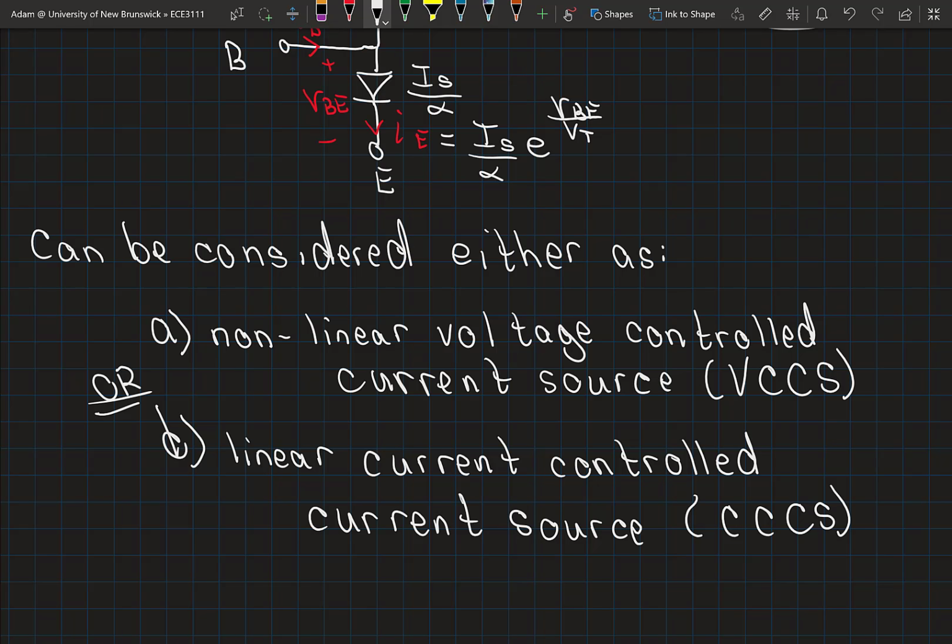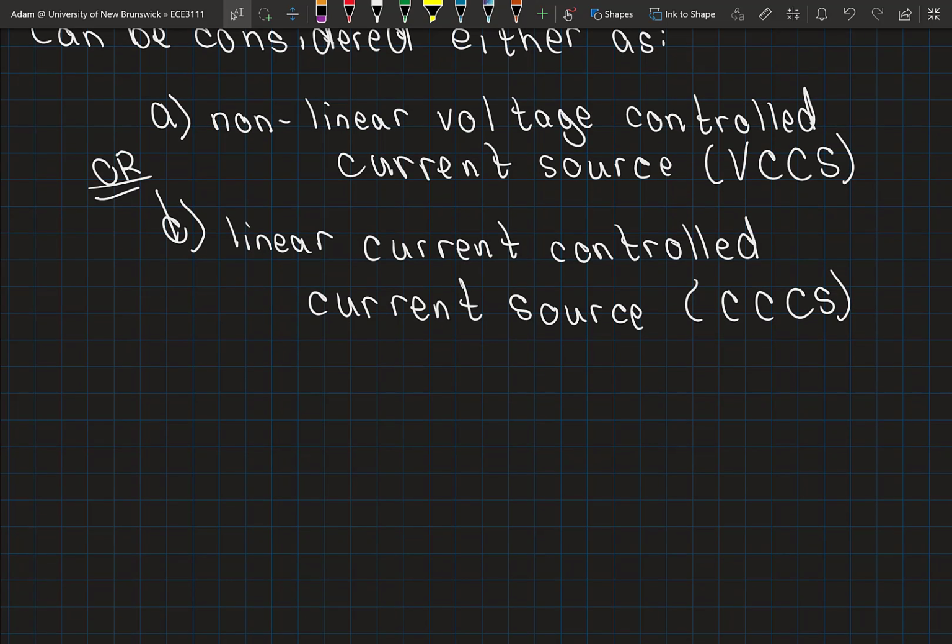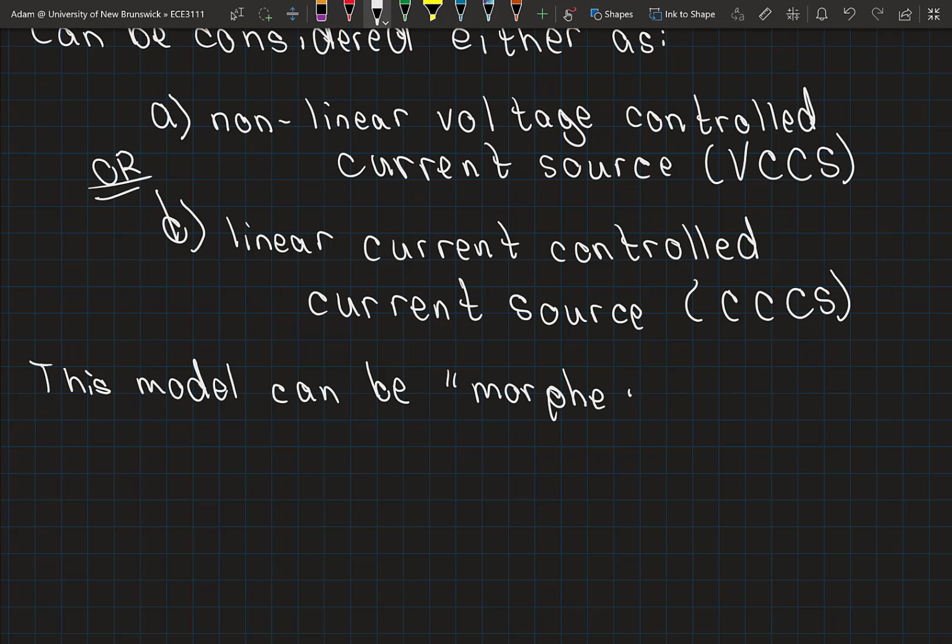Okay, so that's our T model. If we take this model, it can be modified by dragging the base to emitter diode. Let's say we can morph this model by taking that base to emitter diode and dragging it into the base lead.